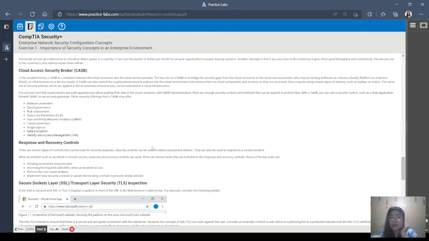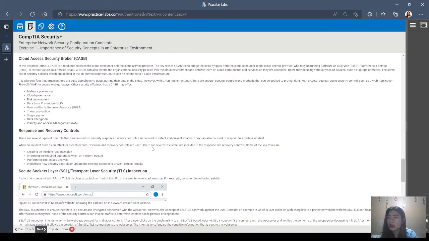It gives them good throughput and connectivity. The closer you are to the customers, the less latency there will be.